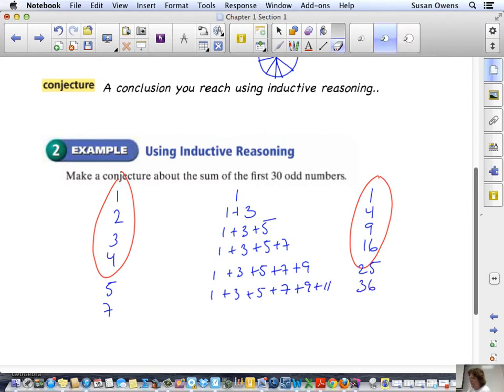Oh, this is not the first 7, this is the first 6. So now when I look at it, I'm pretty sure I can make a conjecture. Now, what I need to realize is this is just a conjecture. This is not a proof. And I can say that the sum of the first 30 odd numbers is going to be 30 squared, or 900.